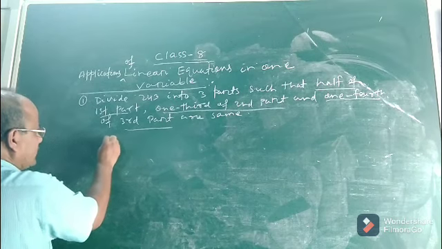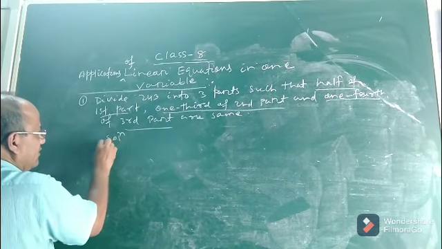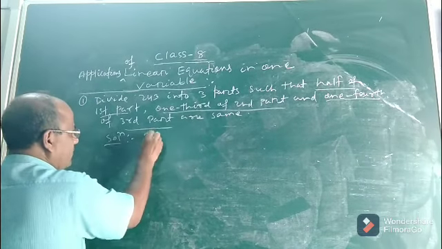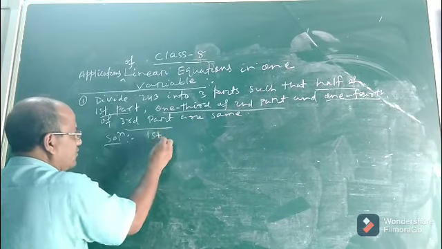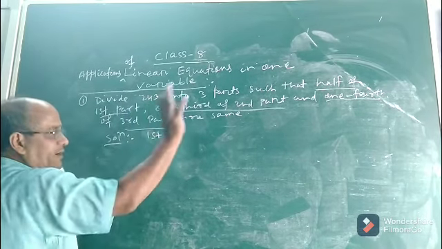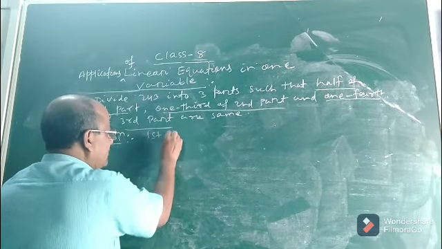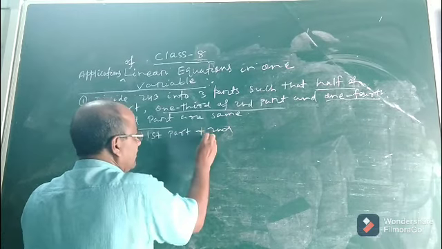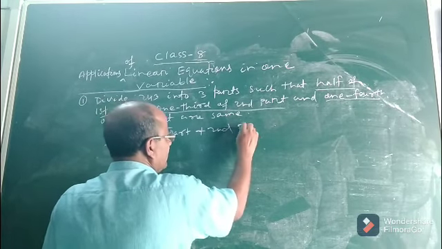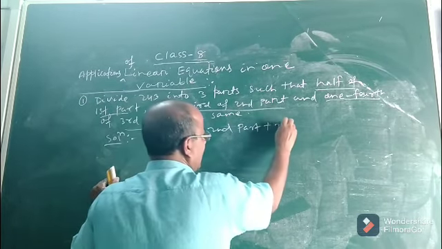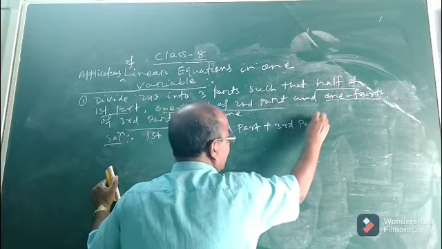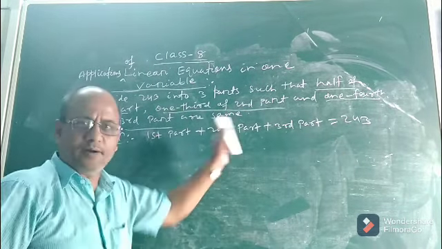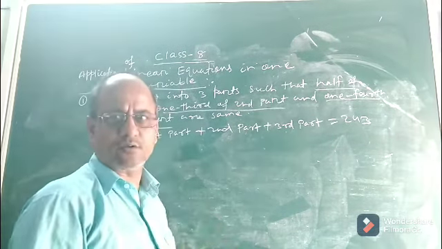Now what is the question? We do not know the 3 parts. According to the question, as you are dividing 243 into 3 parts, the sum of the 3 parts, first part plus second part plus third part, is 243.